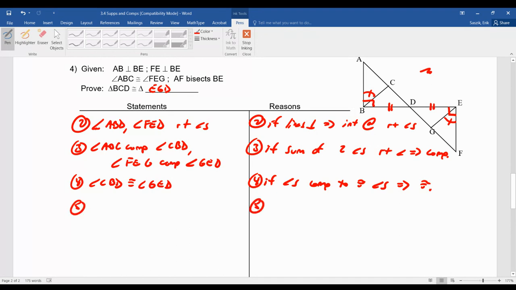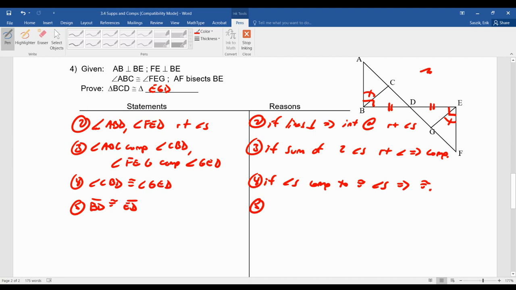Okay, getting there. So now look at these two triangles that we're going to show. We got this pair of angles and these pair of angles congruent. Now I have these tick marks, but I still haven't said that, so I got to be careful. BD congruent to ED. I probably should have said that right in the beginning, but it's okay.